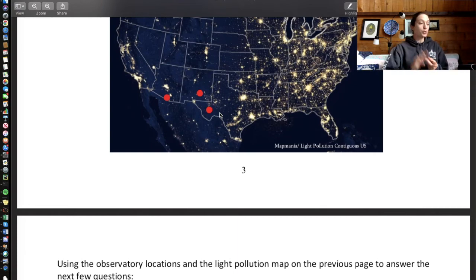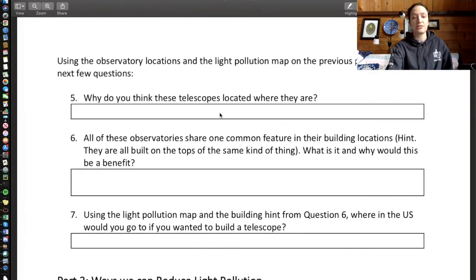But visible, ultraviolet, microwave, all of those, you need to have clear skies. And then on top of that, there's seeing, which I'll go over. But so think about weather, think about rain, think about light pollution, and then why do you think all these telescopes are located where they are? Because they're all located in similar areas.